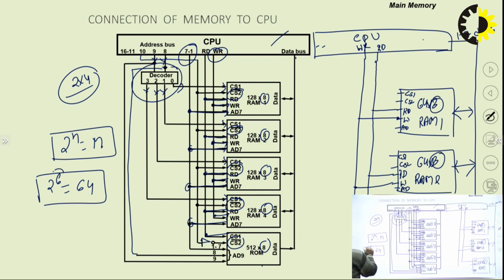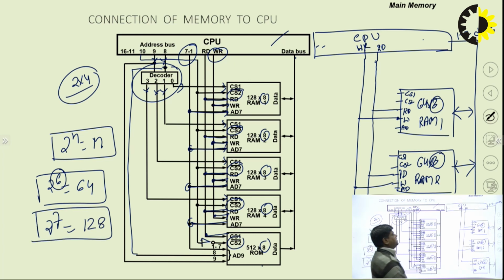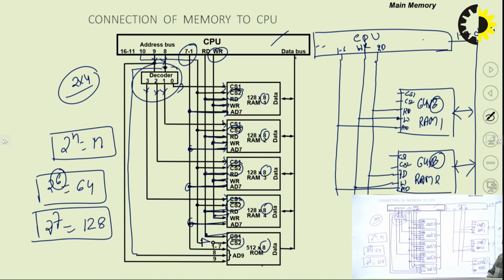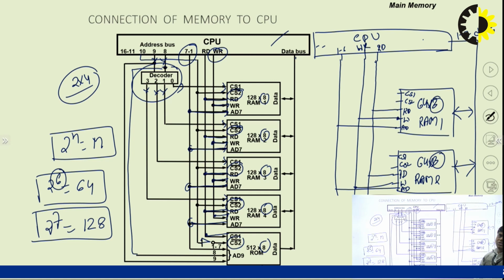It means RAM chip 1 has 6 address lines. RAM chip 2 also has 6 address lines. And what is the address line count for the ROM chip? 2 to the power 7 is equal to 128. The ROM chip has 7 address lines. It means address lines 1 to 6 are for the RAM, and 1 to 7 address lines are for the ROM.